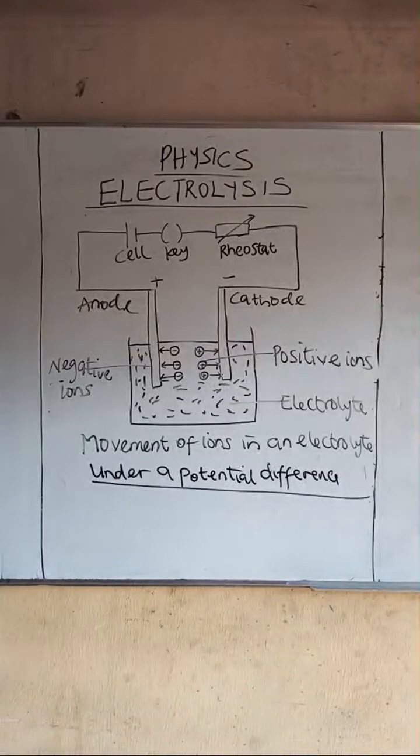All right, I'm going to use that diagram on the board to explain more on the voltameter. The down part is the voltameter, but the up part is like having a cell, key, rheostat, everything about a cell on top of it. So I'm going to use it to explain that voltameter. Do you understand? Okay.